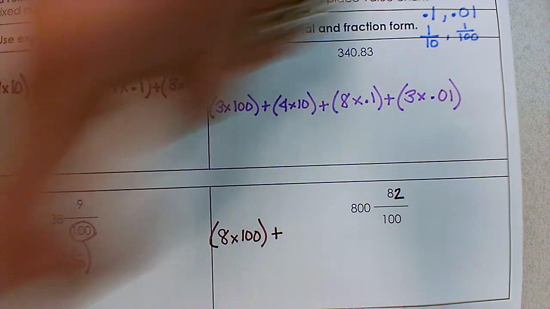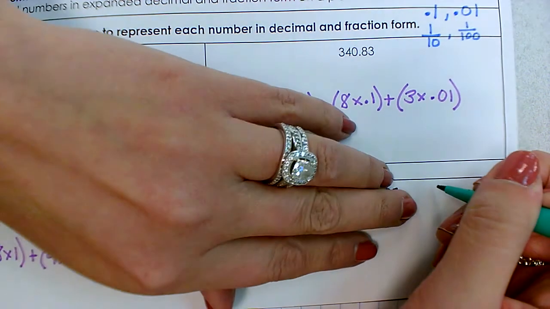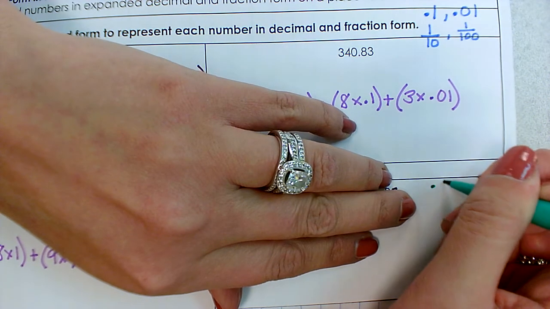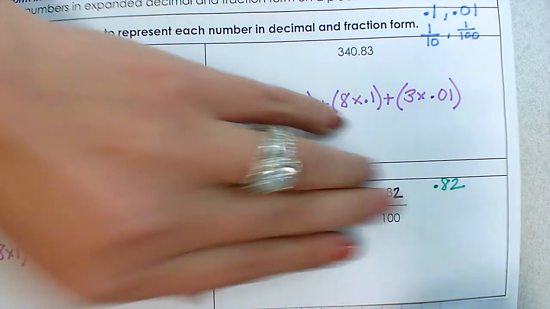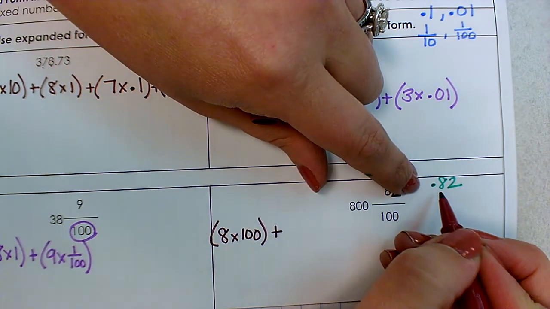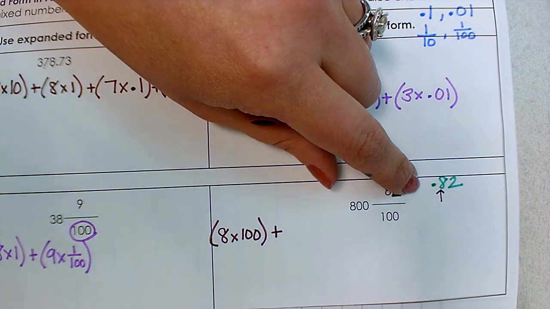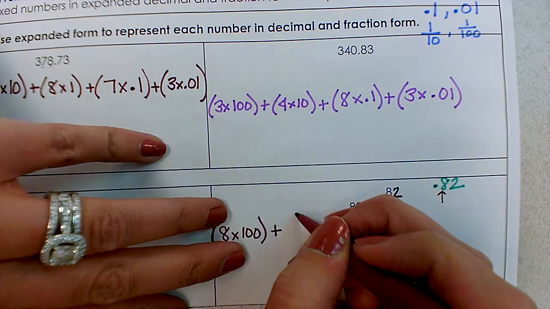Now it's going to help me to remind myself, okay, 82 hundredths looks like this as a decimal. 82 hundredths. And remember, every digit has to have its own place. So really, when I see 82 hundredths, I know that this 8 is in the tenths.